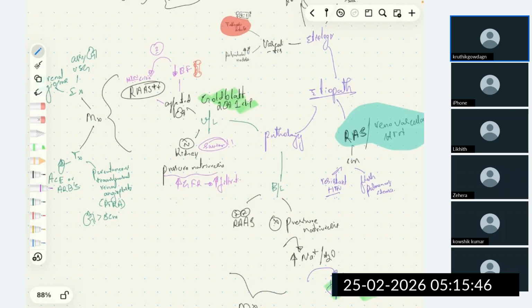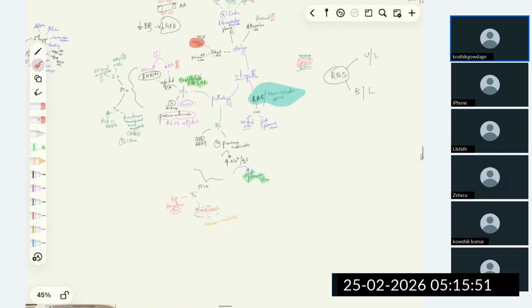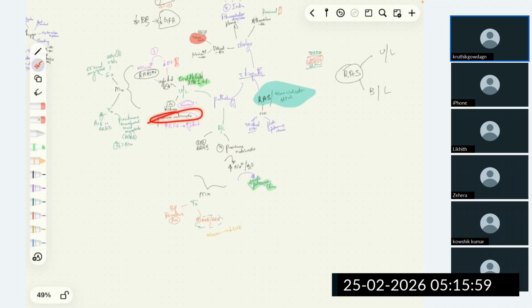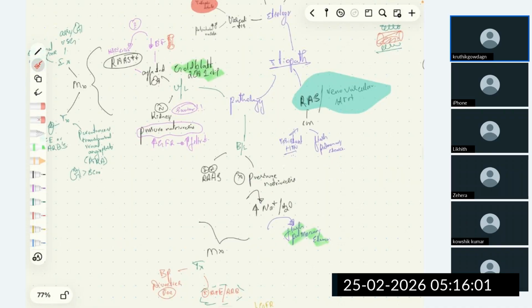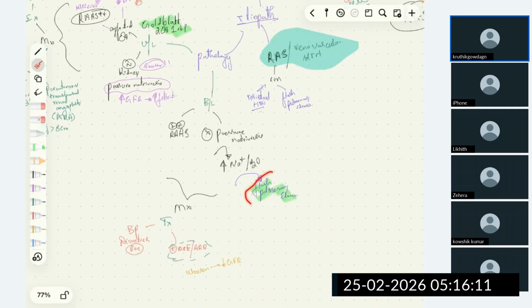So this is the savior which saves the patient from developing flash pulmonary edema by pressure natriuresis. I hope you understood this. The normal kidney, increased GFR, increased filtration, which causes pressure natriuresis, thereby preventing the patient from going into flash pulmonary edema.